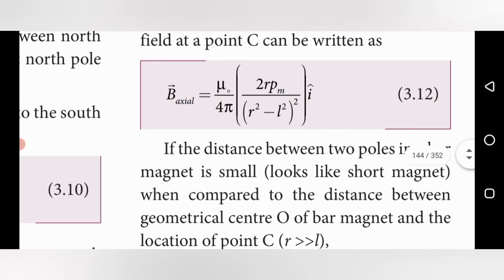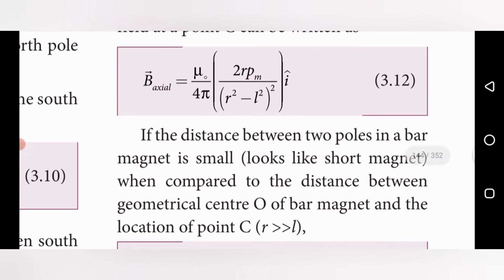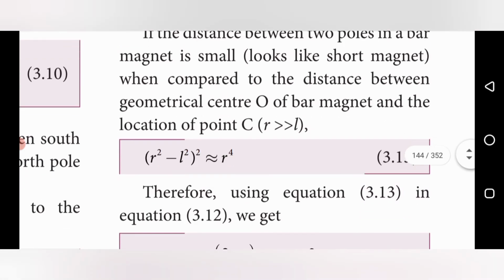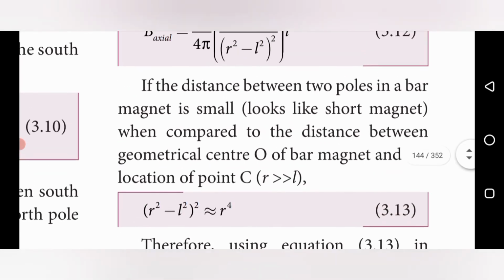If the distance between the two poles in a bar magnet is small compared to the distance r, that is, l is very much smaller than r, then (r square minus l square) whole square can be approximated as r power 4, because l is a very small value.